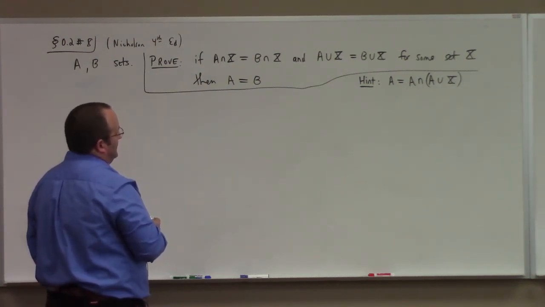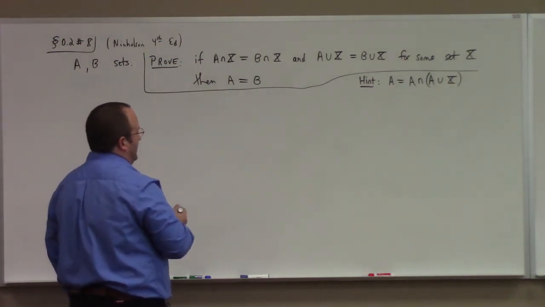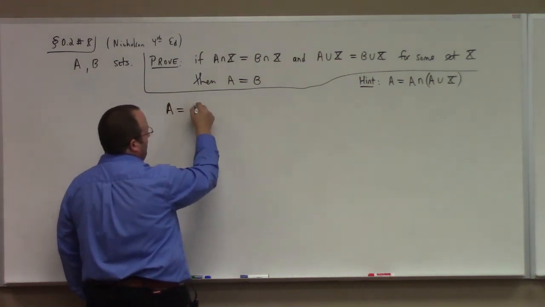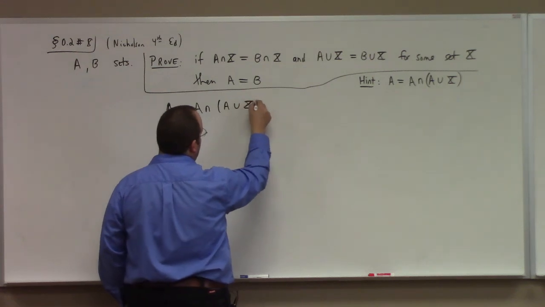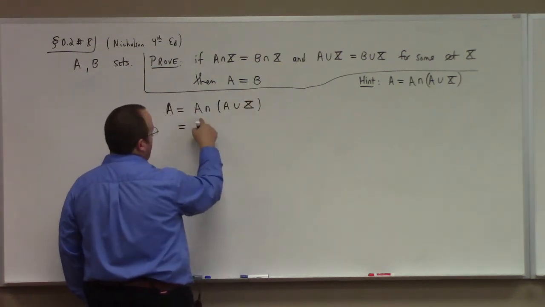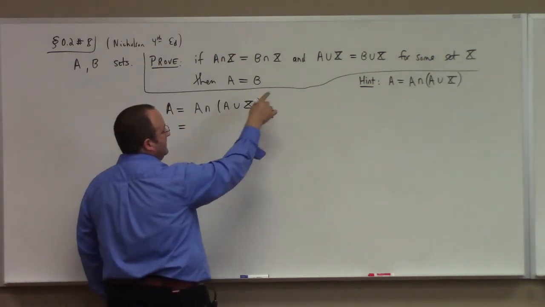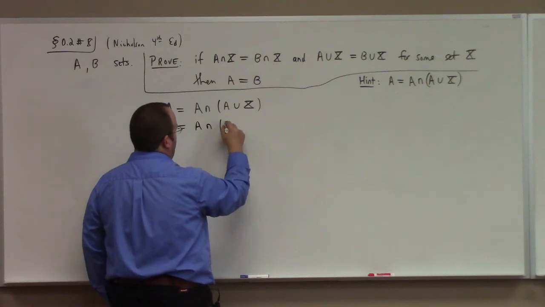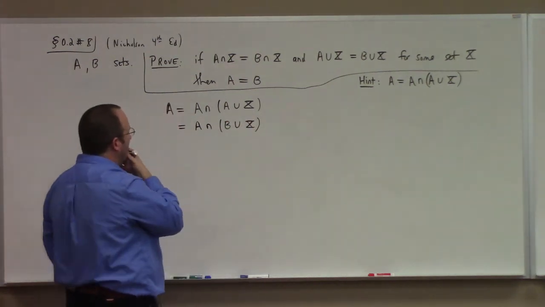All right. Let me try this out here. So we can start with A equals A intersect. I haven't tried this yet, guys, so this may or may not work, okay? Then we're given that this is equal to B. Right, so A intersect B union X. Let's see here.